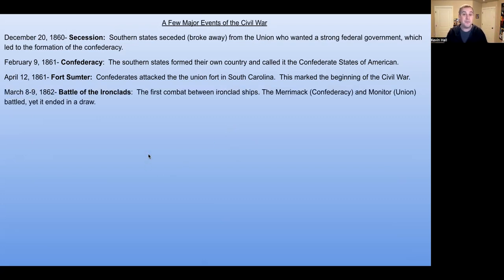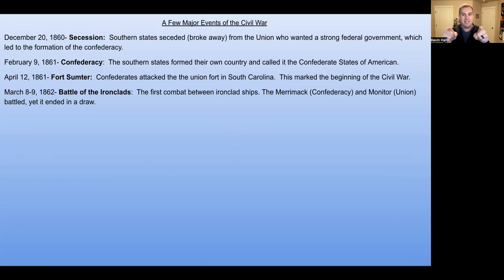I talked about ships being made of iron. In 1862, there was the famous Battle of the Ironclads between the Merrimack and the Monitor. Each side had their own ship made out of iron, and this changed naval warfare. A ship made of metal against a ship made of wood, the metal ship is going to win.